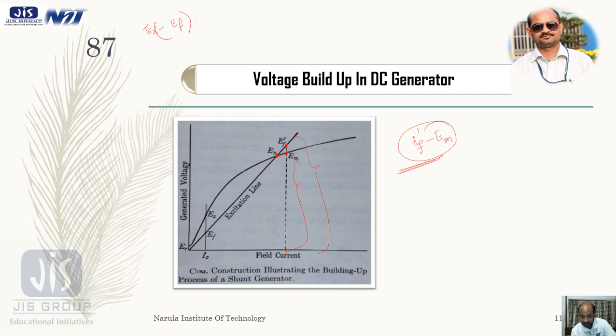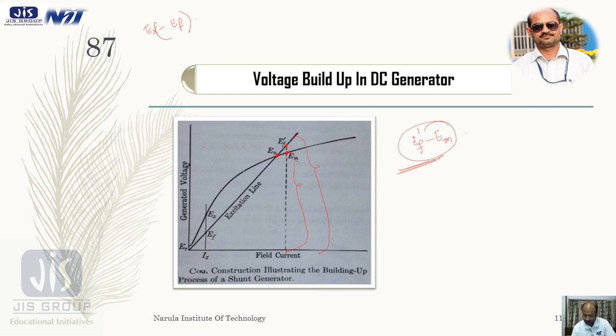Therefore the intersection of this field excitation line and the magnetizing curve represents the voltage to which a self excited generator will build up at no load.